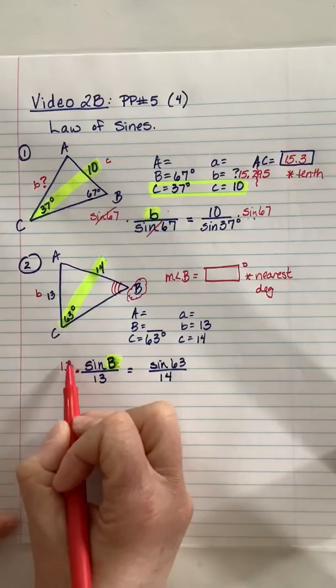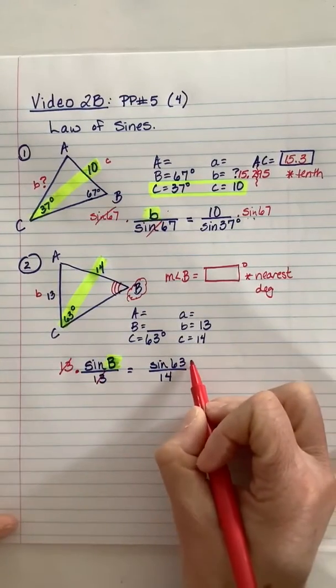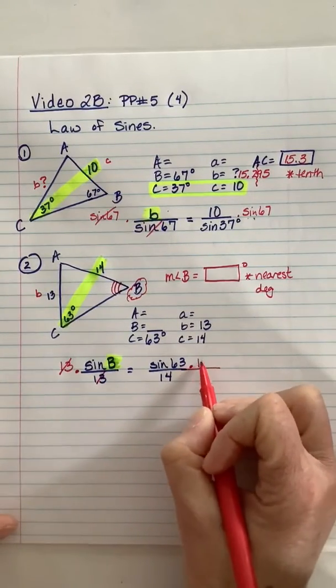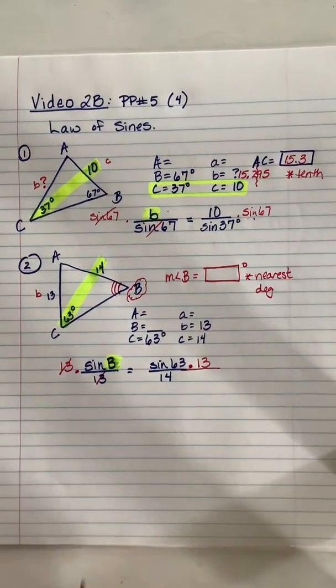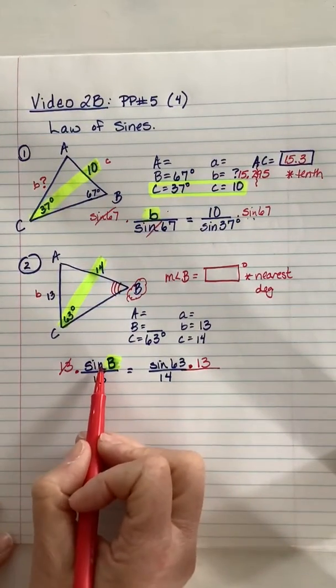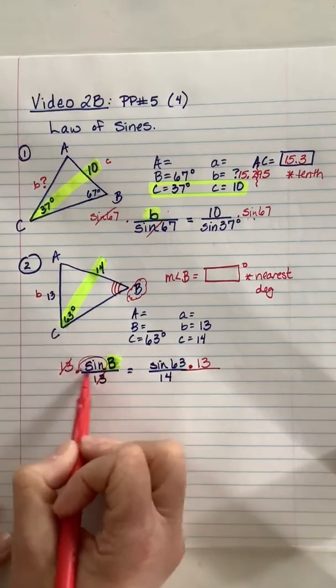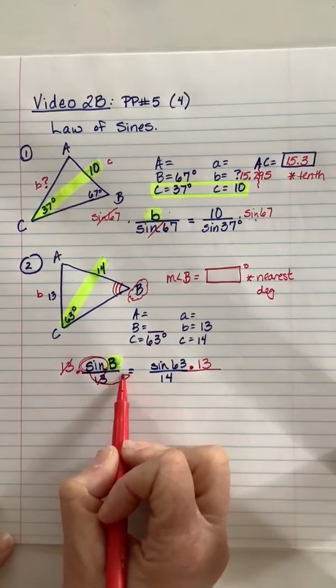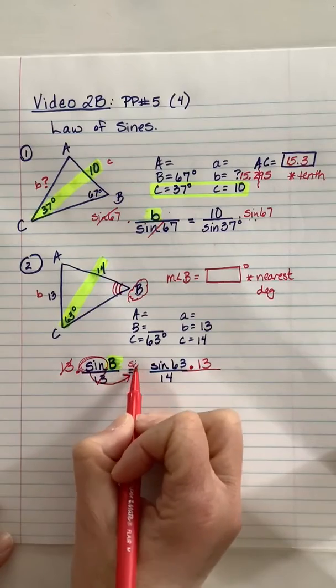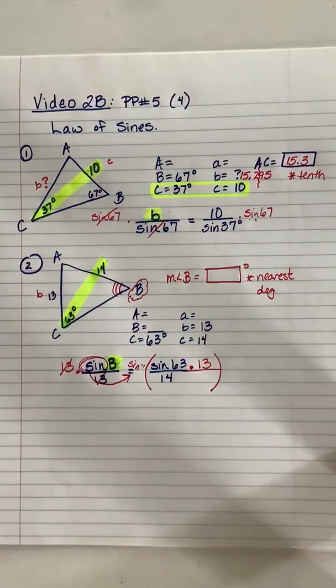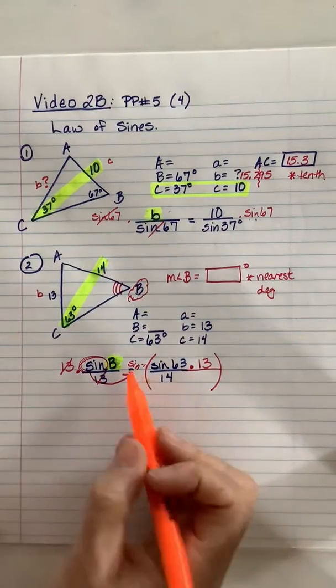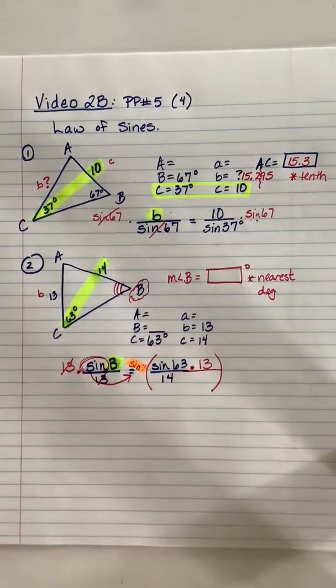I'm going to undo division by multiplication because we know that the inverse is used to undo. And now I know that the last thing I'm going to have to undo is that sine, which means I'm going to take the inverse sine of all of that stuff. And I'm just going to write it like that. I'm going to give it a little highlight to make sure I don't forget to do that at the end.